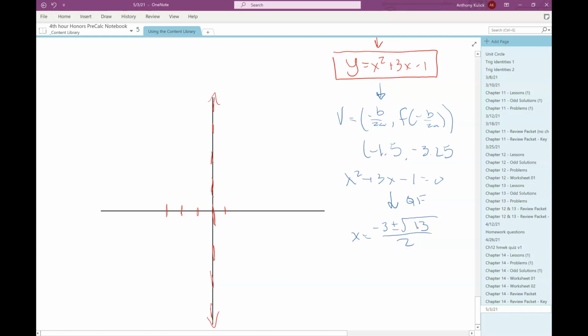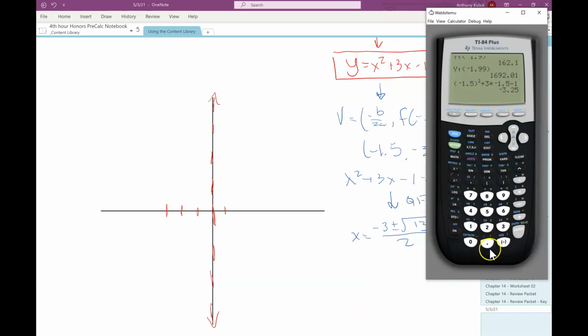So again, we're graphing this, so let's type that into our calculator. Because I don't really know where I would put negative 3 plus square root of 13 over 2.